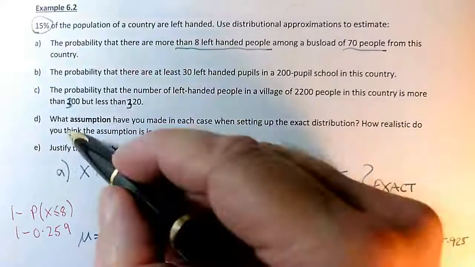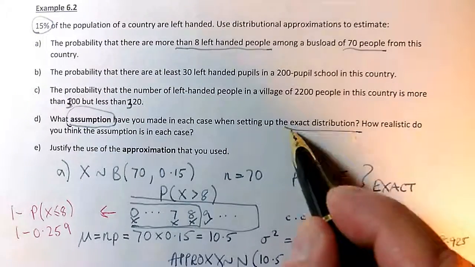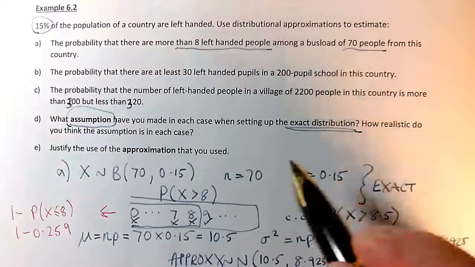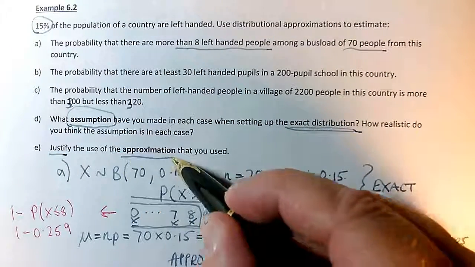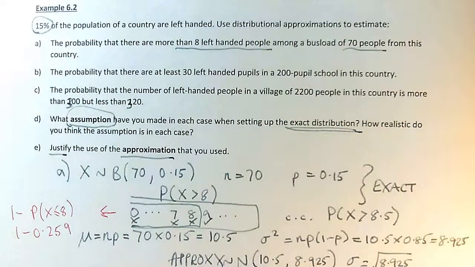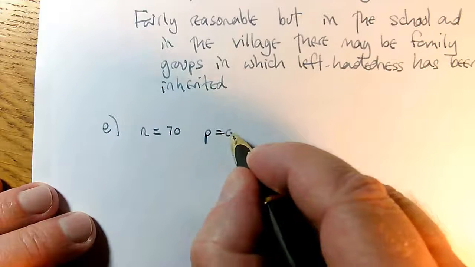So that was part D, about the assumption necessary to set up the exact distribution, the binomial, in the first place. It's part E where it's asking us to justify the approximation. So that's where we talk about np and nq. In the first case I had n equals 70, p is 0.15 of course.